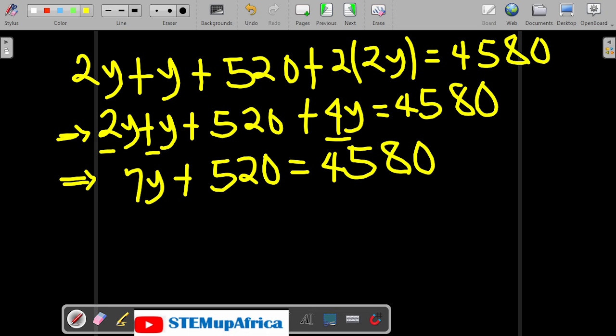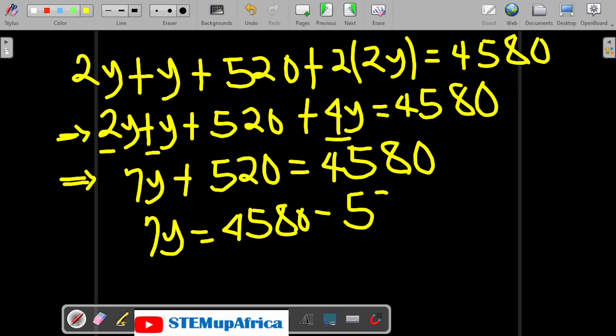To find y, we simply collect like terms. I'm having 7y equals 4,580 minus 520. So if I subtract, what will I have? 4,580 minus 520 will give us 4,060.